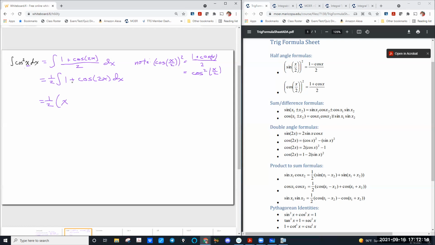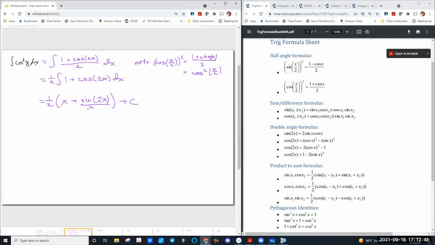We're going the opposite direction. The opposite direction means instead of multiplying by 2, we have to divide by 2. So the antiderivative of cosine is sine. Remember, antiderivative is positive sign, derivative is negative sign. Of 2x over 2. This gets plus c.